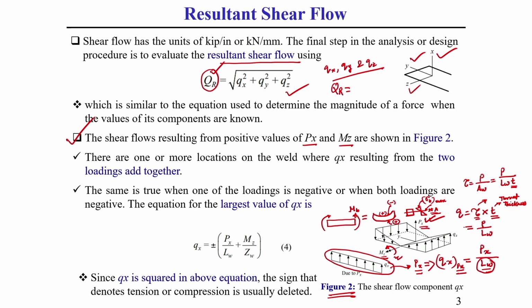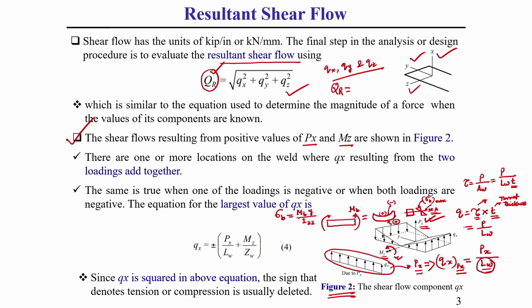Now, I have already discussed that sigma b depends on the bending moment Mb times y divided by I. In this case, this bending stress will be due to the second moment of inertia about the z axis, and Mb is also a bending moment acting about the z axis.